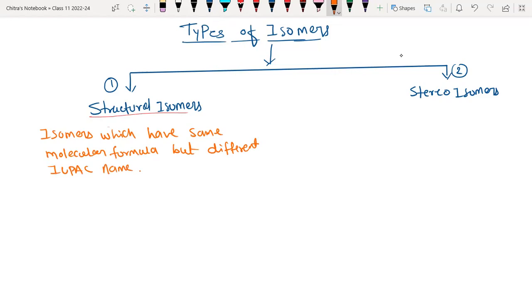Samarth, very important, you have to remember that. The molecular formula is the same, but they have different IUPAC names.